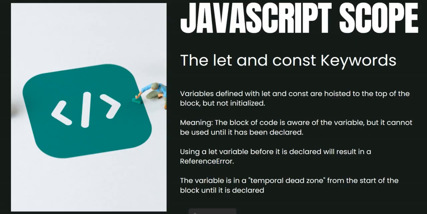Don't forget that I told us in the previous lessons that we are still going to come back to talk about the let and const keywords, especially how they behave with variables in JavaScript.